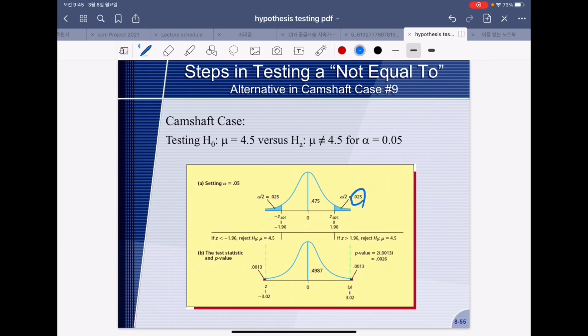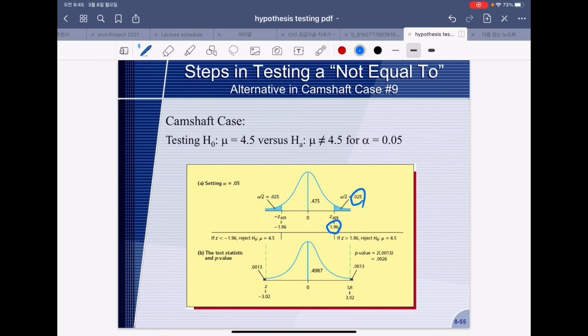And then you find the z value from the standard normal table, and then you compute the test statistic. And if the test statistic belongs to the rejection region, then you reject the null hypothesis, right?